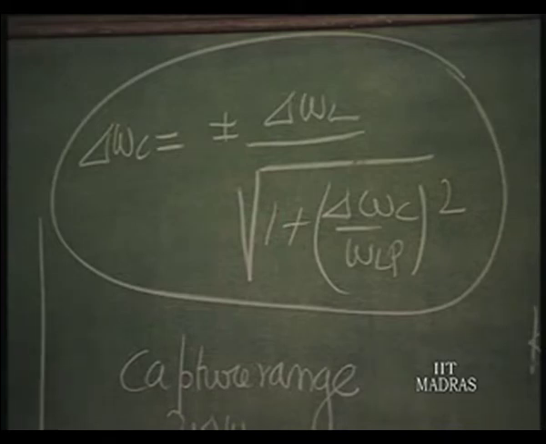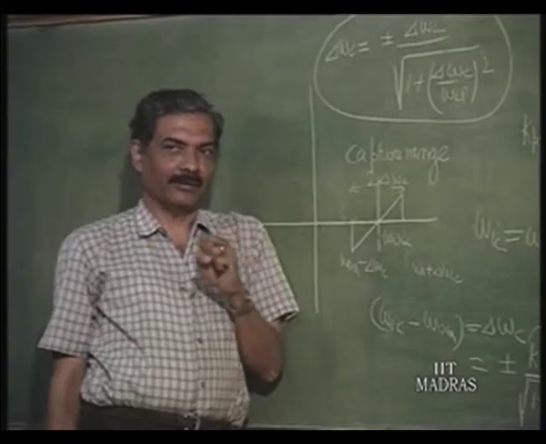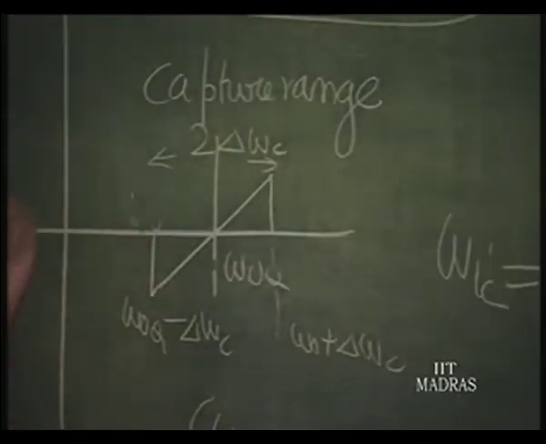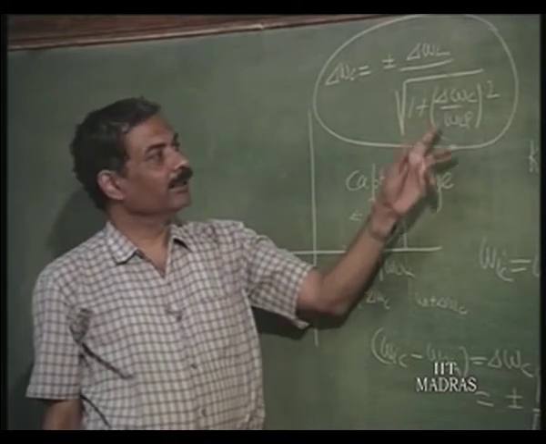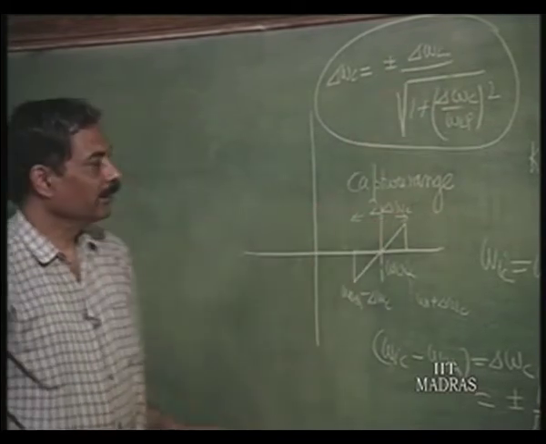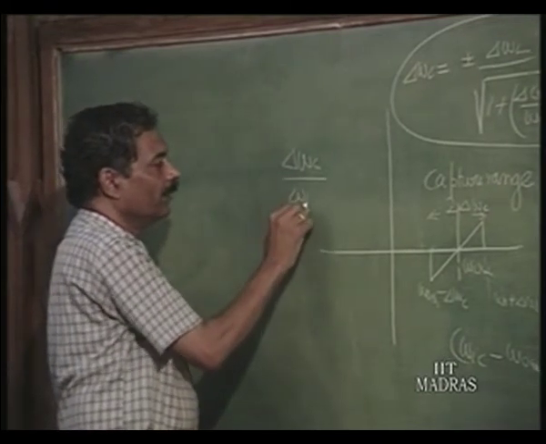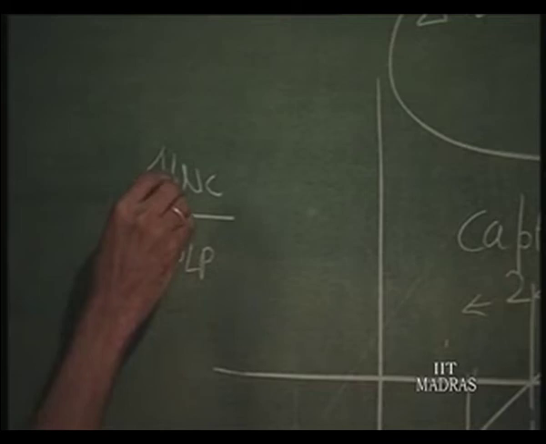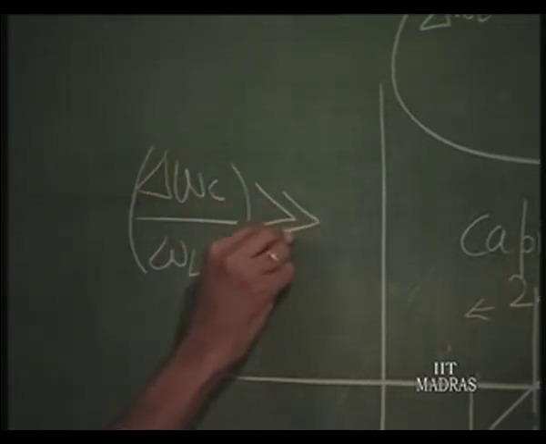Now, you can imagine that the capture range is always less than the lock range. Let us consider the situation where delta omega c by omega Lp is much greater than 1.